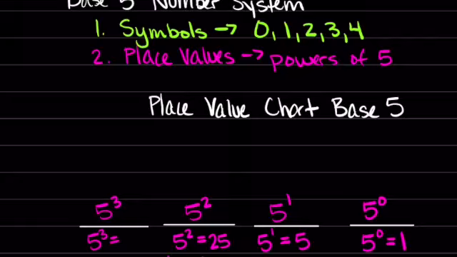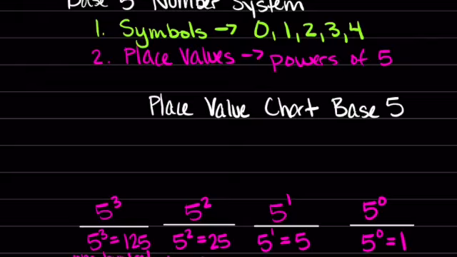Mathematically, that is the same as 5 times 5 times 5, which equals 125. And therefore, this is the 125's place value. So these are the names of each of our place values.